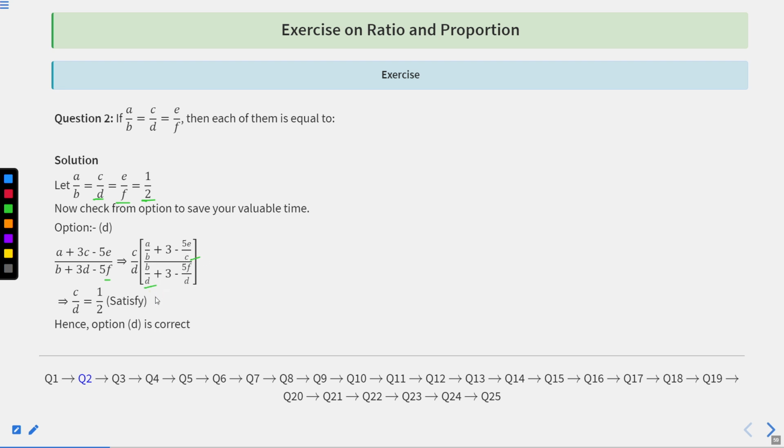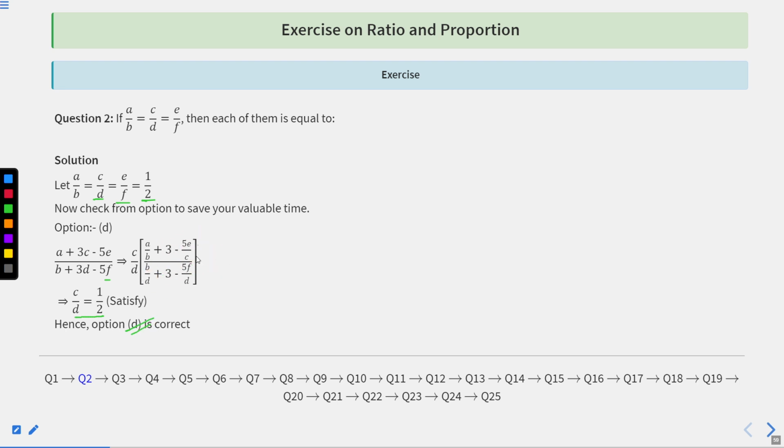And here taking D common, I will have D times of (B upon D plus 3 minus 5F upon D). And if you see, this thing and this thing will get cancelled. So here we have C upon D equal to 1 upon 2. Hence, the correct option here is option number D.